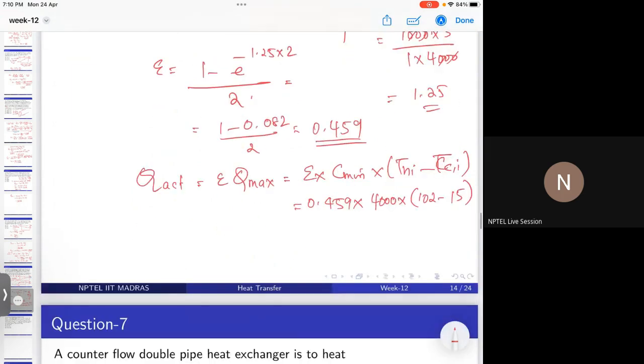So this will come out to be around 1597 watts.